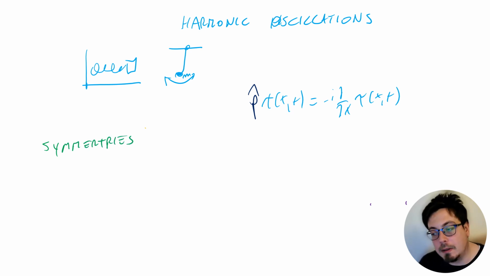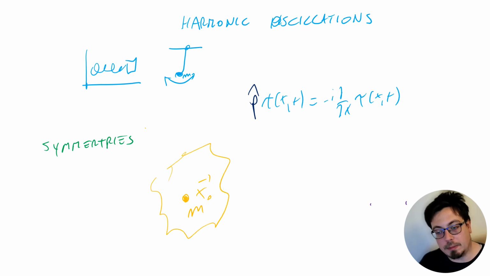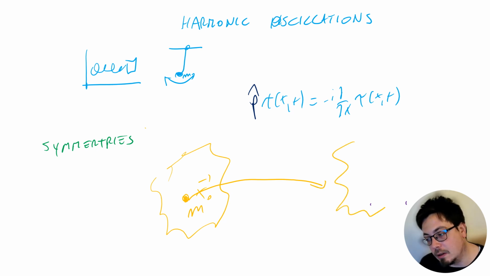Okay, think about physics: a mass, an object here at position x0, and you do some experiment on this object. It shouldn't change anything if the experiment is done in a different place on Earth.